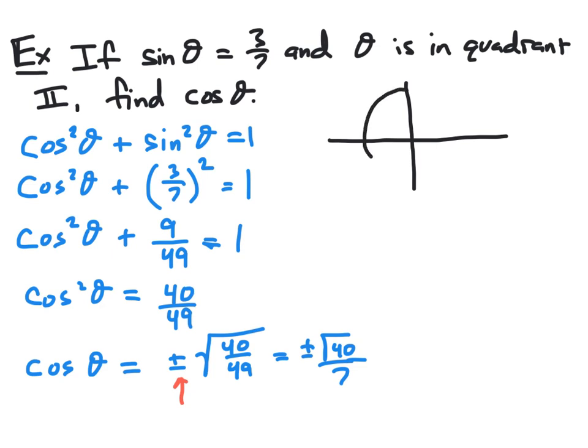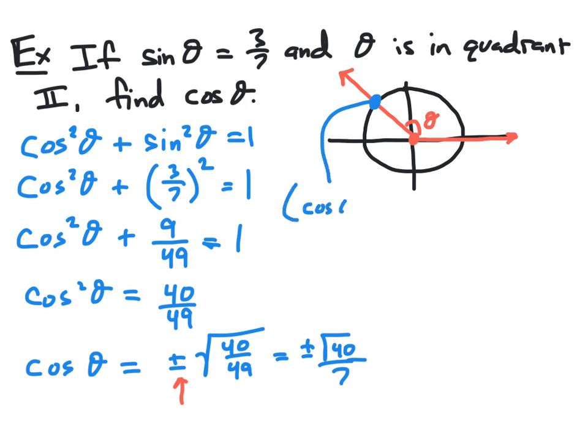So if we sketch a unit circle here and an angle in standard position where the terminal side is in quadrant 2, something like this, what we see is that our point of intersection is here, and the coordinates of this point we know will be (cosine theta, sine theta). In particular, cosine theta is our x value, and by looking at that point, because we're in quadrant 2, we know that the x coordinate of that point will be negative.